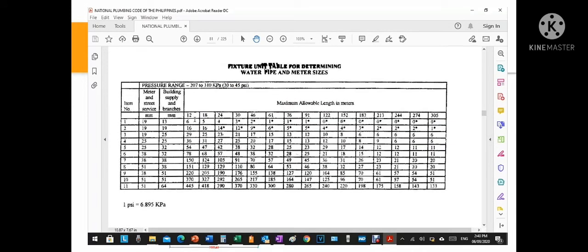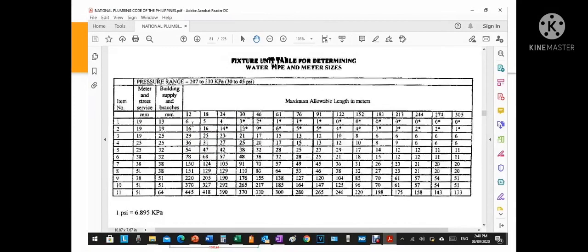So, therefore, we still have 12 meters as our maximum allowable length. And we have the fixture unit, which is 6. So, we use this 6 here, which is greater than or equal to the total water supply fixture unit. Since 6 is what we computed, we choose the value 6. Then, let's project to the size of our pipe.